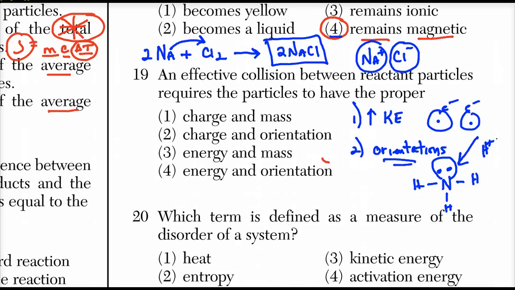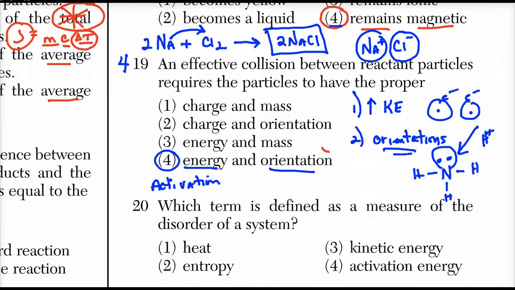So it's going to have the proper orientation and the proper kinetic energy, which is basically activation energy. You need enough activation energy in order for a reaction to go. So choice 4 for number 19.